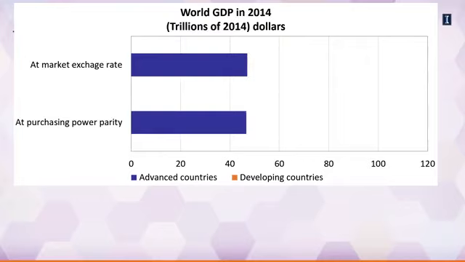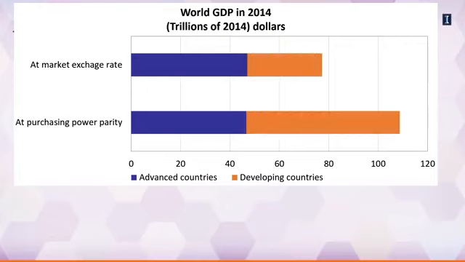However, if we go to developing countries, because labor is valued a lot less in those countries, the wages and local services are much cheaper, even housing is much cheaper. If we calculate GDP at market exchange rate, we get a much smaller number than if we apply the prices prevailing in the US to the products and services produced locally in developing countries.